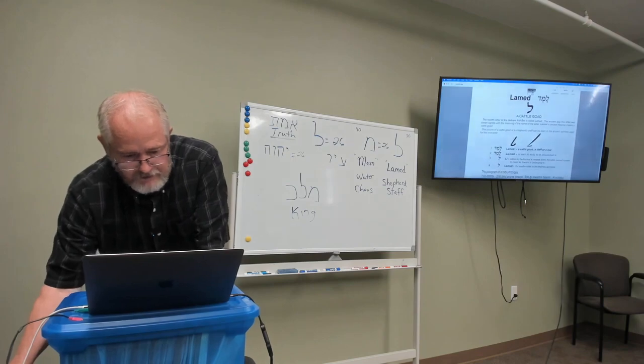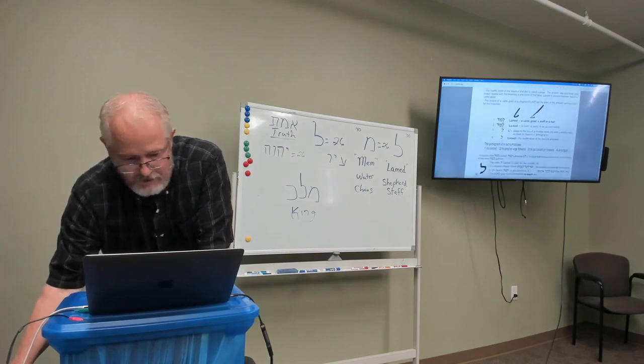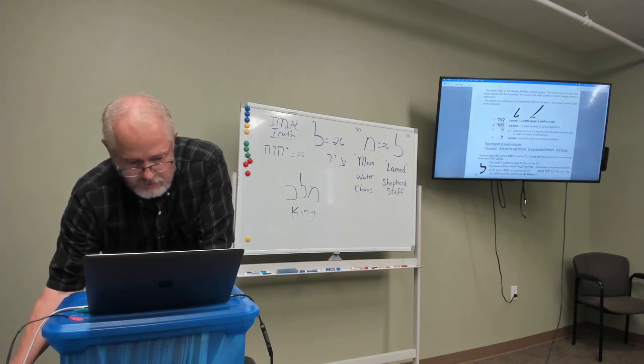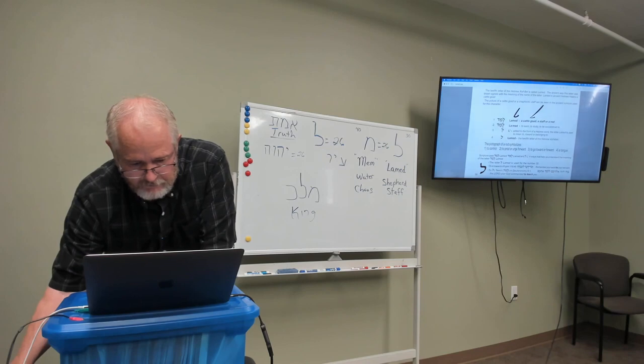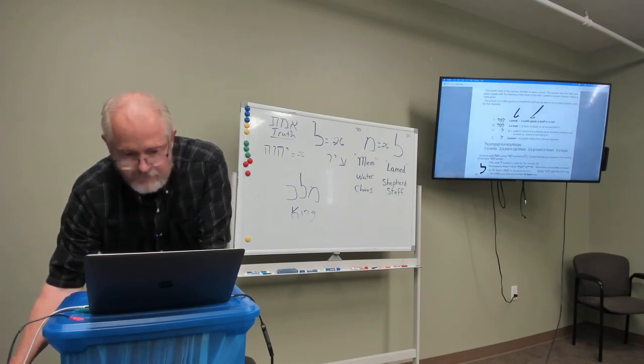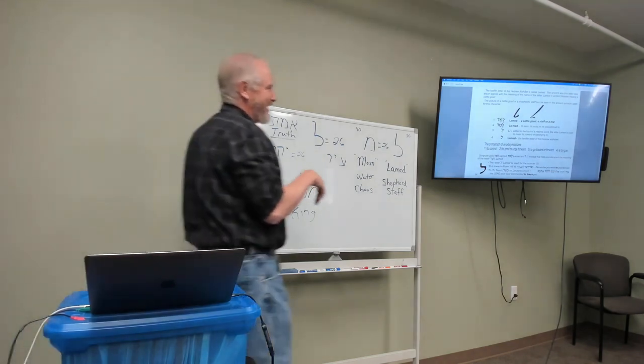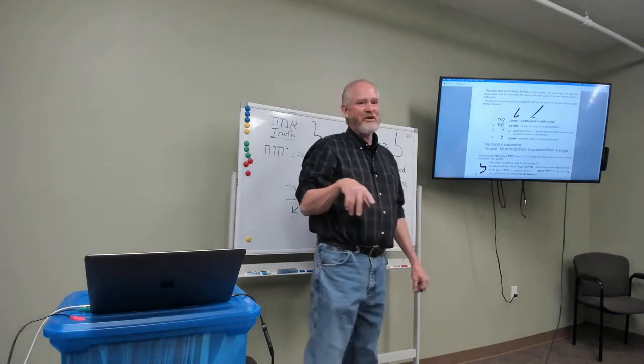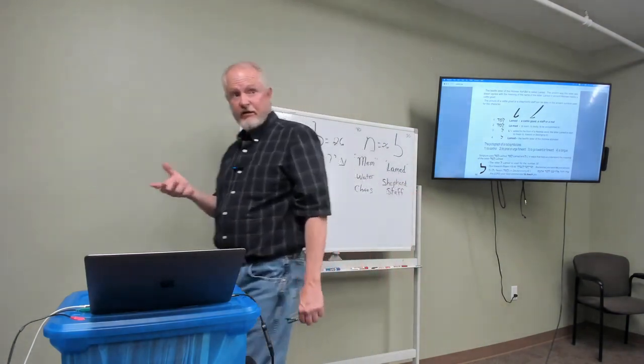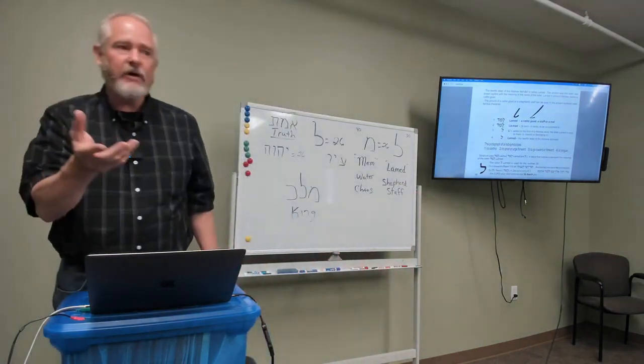But do go through these. I don't go through all of this every time because I want you guys to do it. I want you to be able to see it. There's usually a verse in here that I put in that's going to reference that Lamed. If Lamed shows up also, if it shows up as a prefix, we've seen the bet show up as a prefix, which means in, because you go into a house.